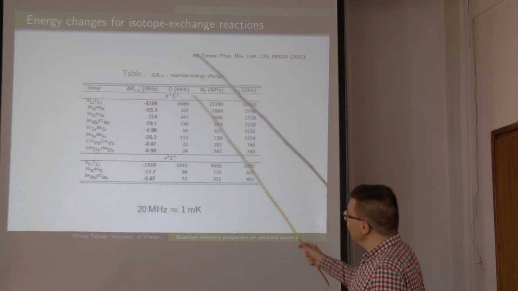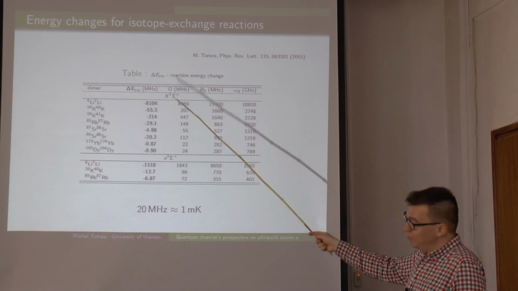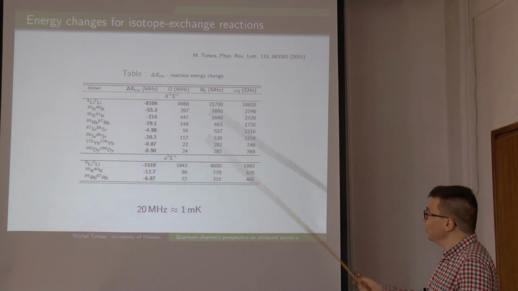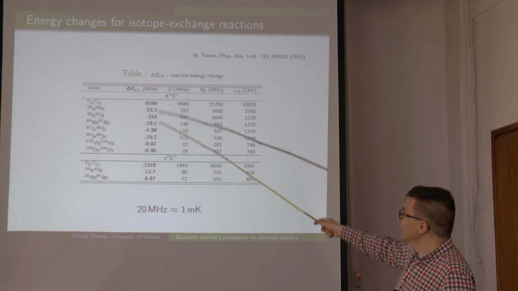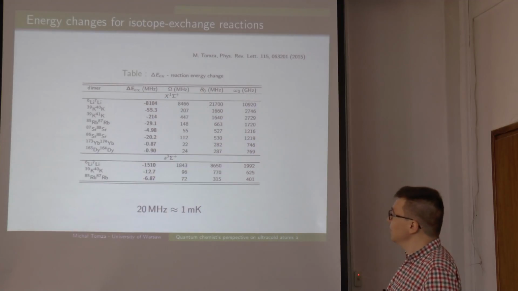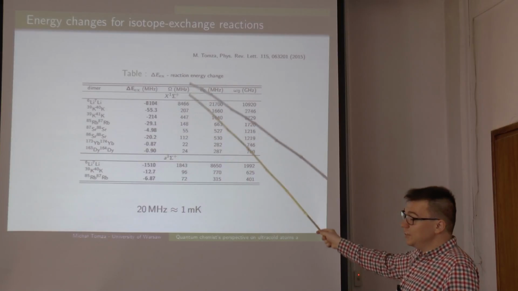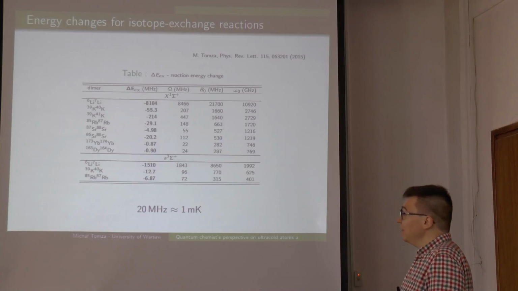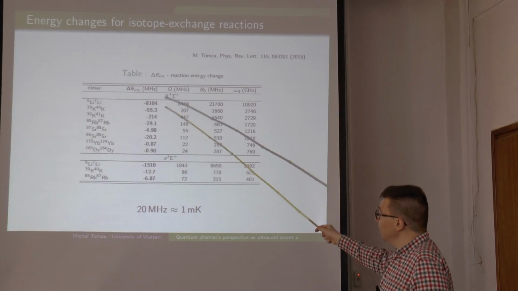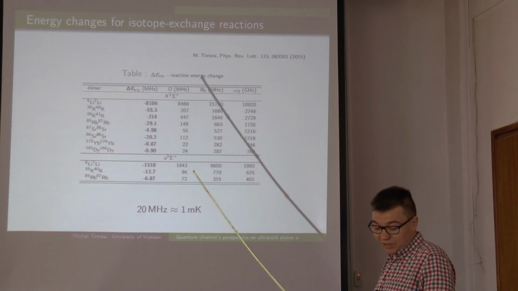Okay. And then I put in a table the exact energy release in this kind of system, obtained by diagonalizing the full Hamiltonian for the molecules. What we can see is that the energy released for these dimers, consisting of alkali metal or alkaline earth metal atoms, is in the regime of tens of megahertz, larger only for lithium because the reduced mass is much smaller.